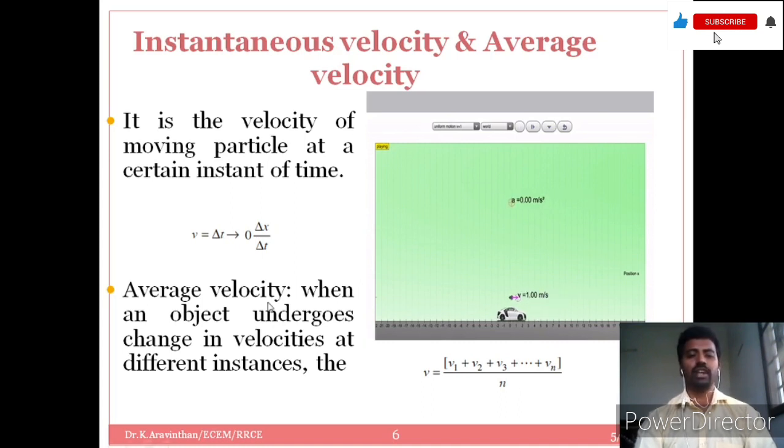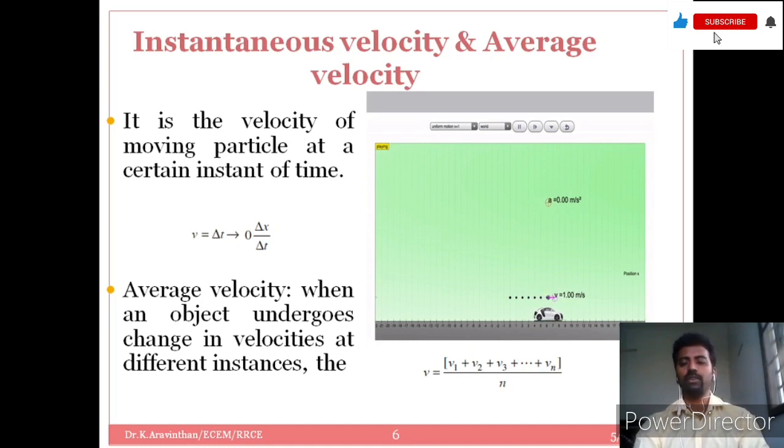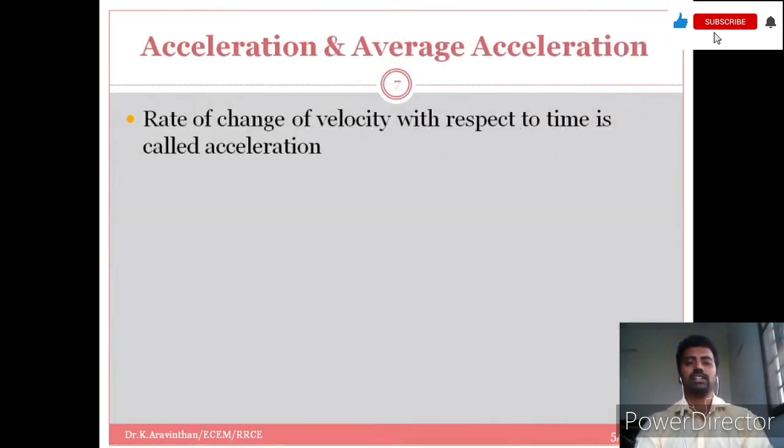Average velocity is used when an object undergoes change in velocity at different instants. So here the car has only a single velocity, that is 1 meter per second. In some cases, the car can move at a particular velocity of 1 meter, and it can go up to 3 meter, 5, and then it can reach 1 to 0. If you want average velocity, you have to add the 4 components, divided by 4, and you will get the average velocity.